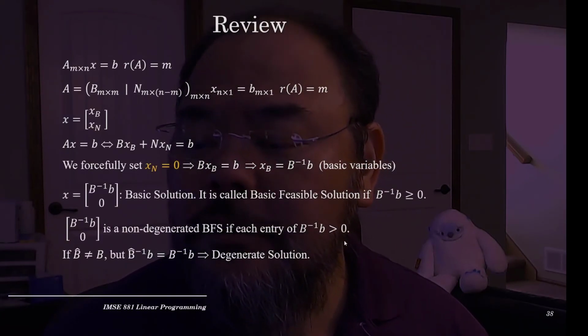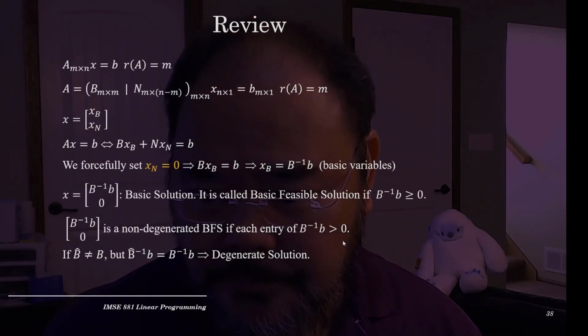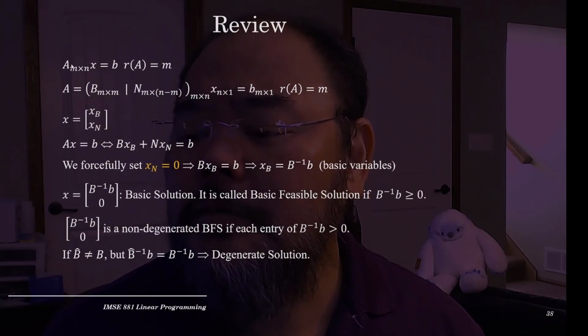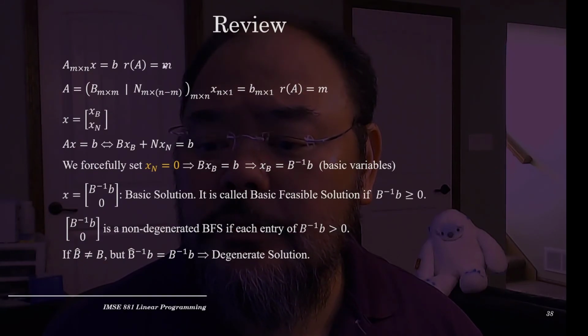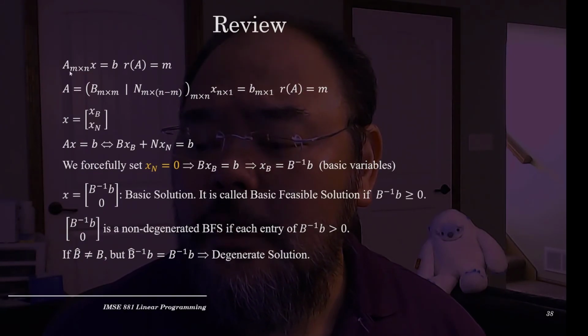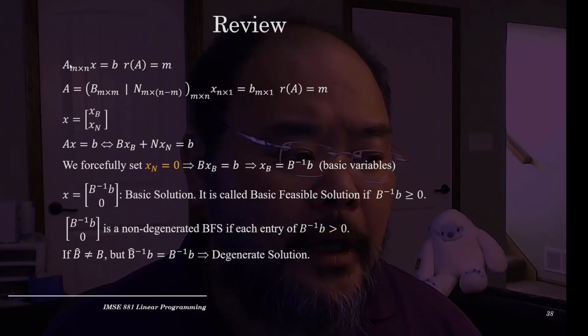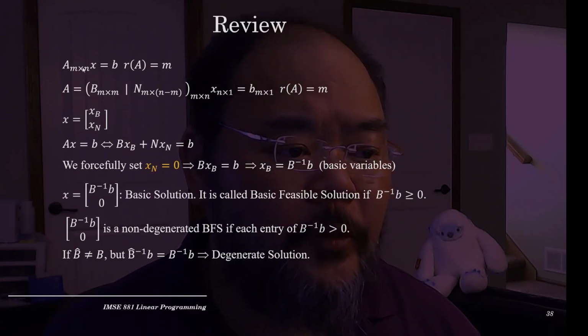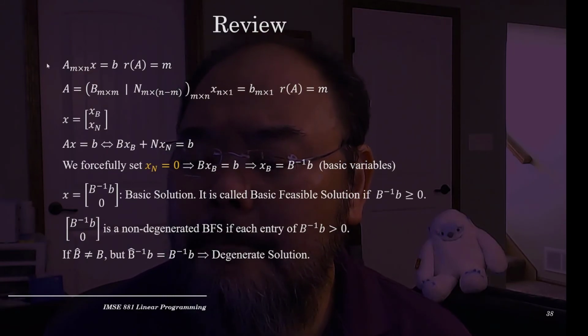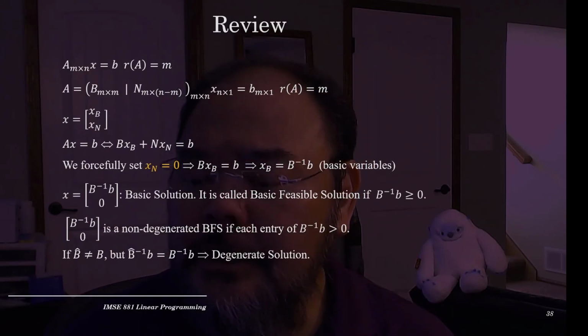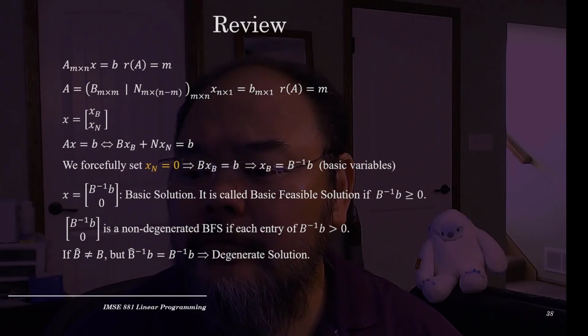Let's review this real quick. A times x equals b, and the rank of the A matrix equals m, which we usually refer to as A being full row rank. We can partition this A matrix into a square matrix first, since this is full row rank.